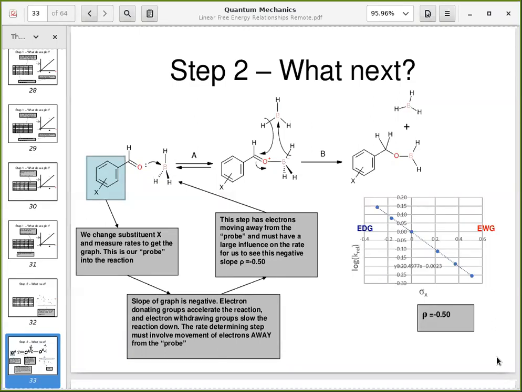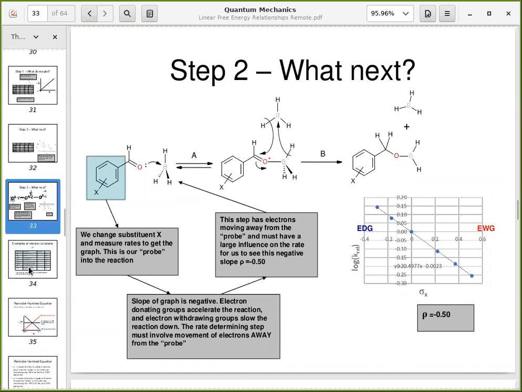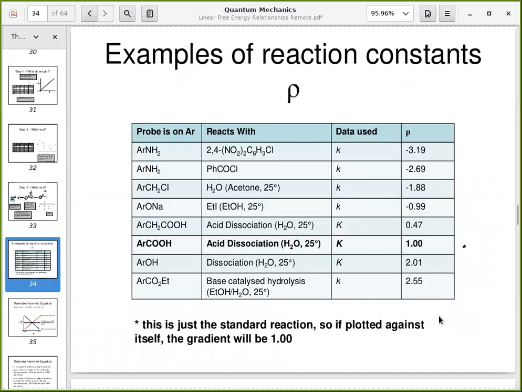And when we have an idea of what reaction constants look like, we will have an idea as to whether they are large or whether they are small and how to react appropriately with them. So we might revise our assessment of this reaction based on whether that reaction constant is large or whether it is small.